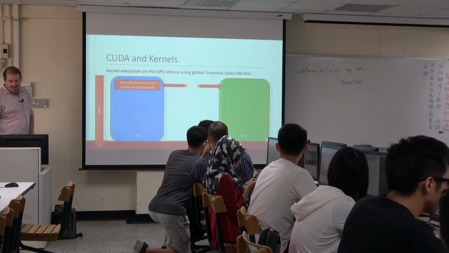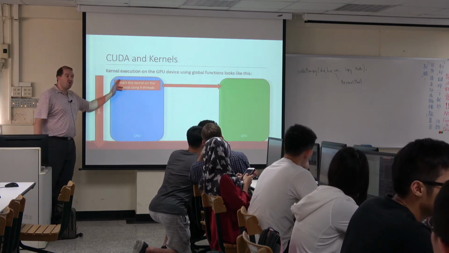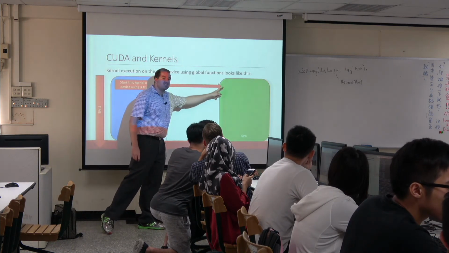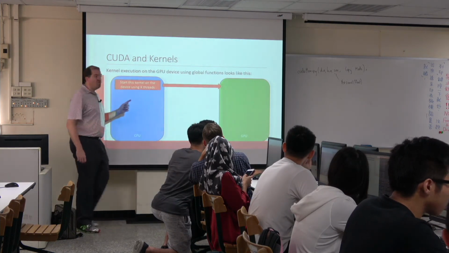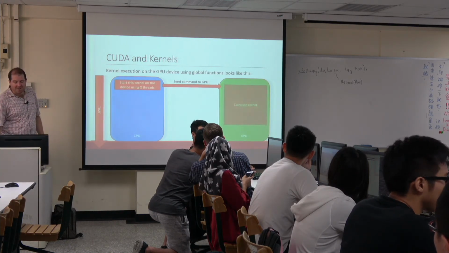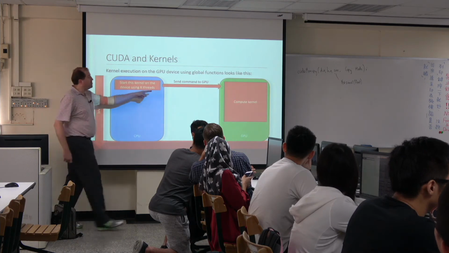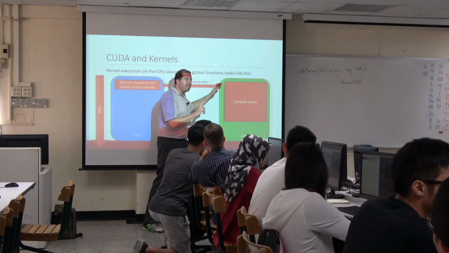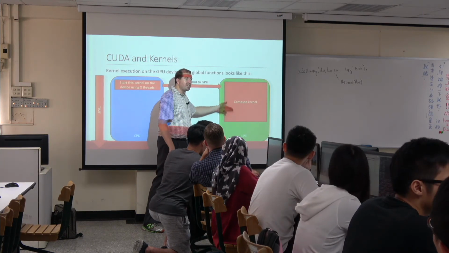So we write this in our code, and then when we execute our code, the CPU passes an instruction. Then we send a command, and as soon as the GPU receives this command, 如果它有空的话, if it is free, it will start to perform this computation.